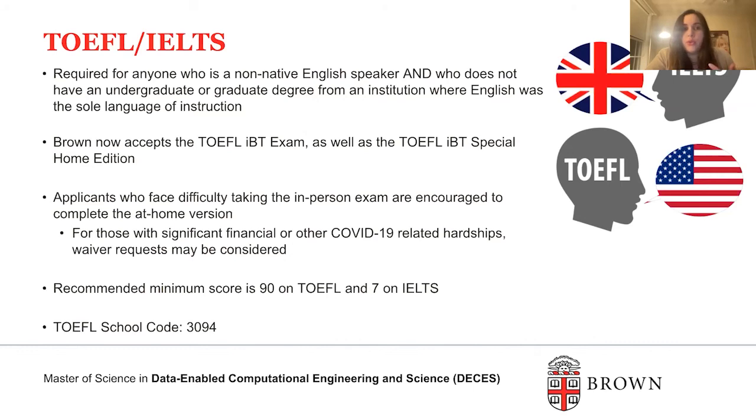So for anybody who doesn't speak English as their native language and doesn't have a degree from an English language speaking institution, this will be a requirement that populates as a part of your application. Now, if you feel like, based off of what I said in this presentation, or maybe what you've read online, that this requirement shouldn't apply to you, but for some reason does, of course, you can always be in contact with our office and we're more than happy to assist you. But that's sort of generally how we work through things.